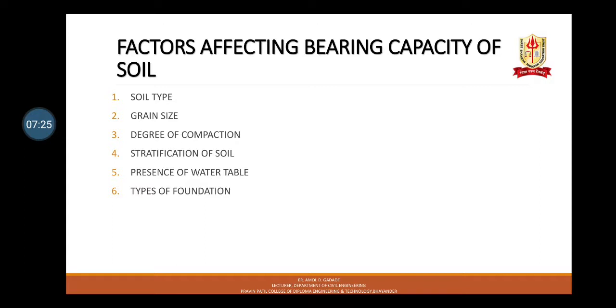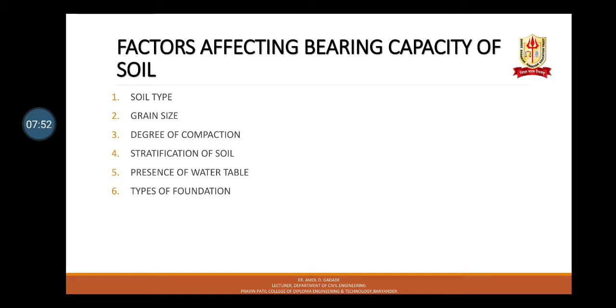Starting with soil type. Soil type and its value of cohesion and angle of internal friction will play an important role in the bearing capacity. An ordinary soil resists the load by a combination of internal friction and cohesion. Grain size: the bearing capacity generally decreases as the grain size increases.